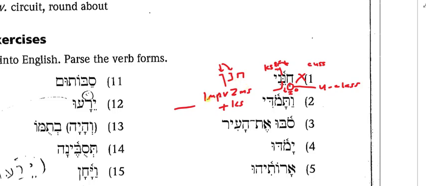How many of the stems have no prefix at all for the imperative? There's only 3. Qal, Piel, and Pual. Okay? All of the other stems have a prefix with their imperative. The Niphal has a hey, the Hiphil has a hey, the Hophal has a hey, the Hithpael has a hey. Okay? You got your principal parts sheet handy? Do you see that? Okay?